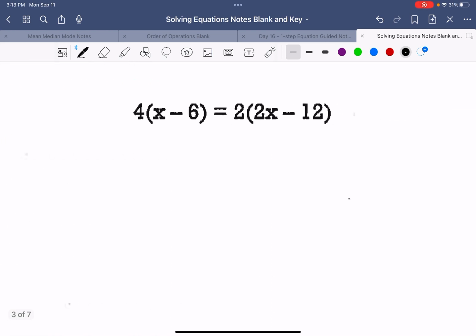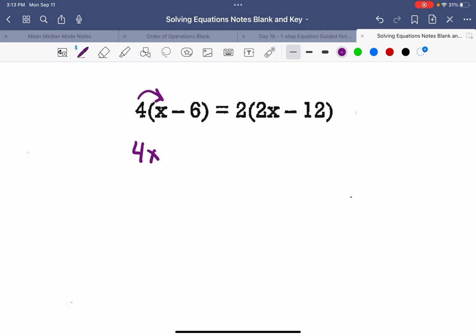All right, on this one, you're going to do distribution first for x minus 24 is equal to, now I'm going to do 2 times 2x is 4x, minus 24. Oh, do you see something weird already?